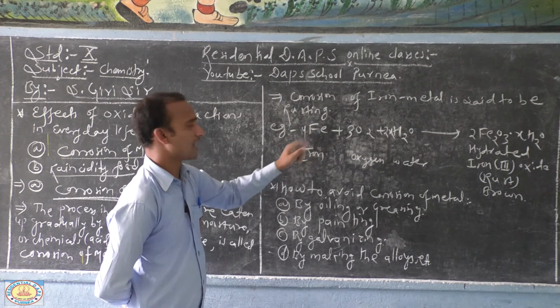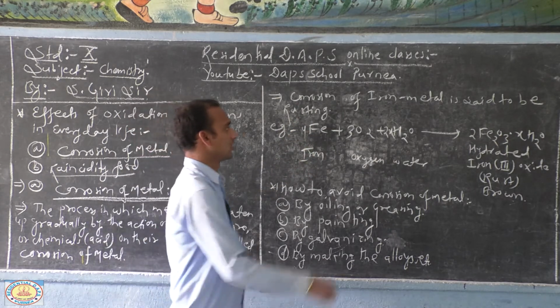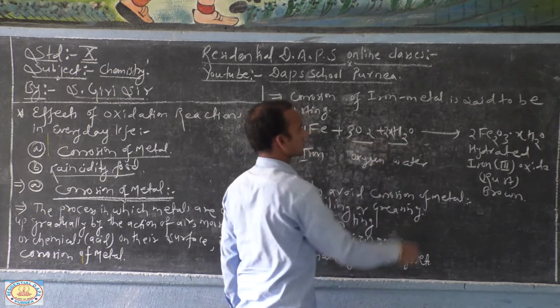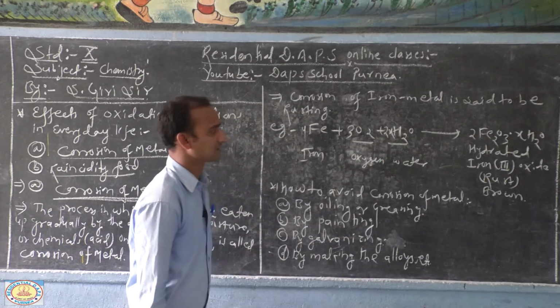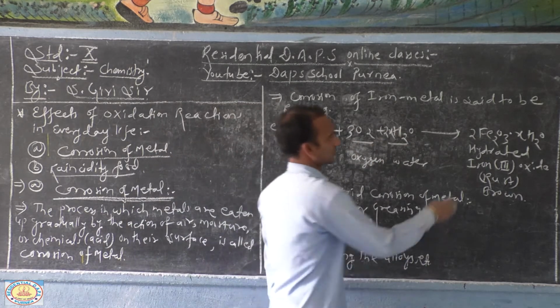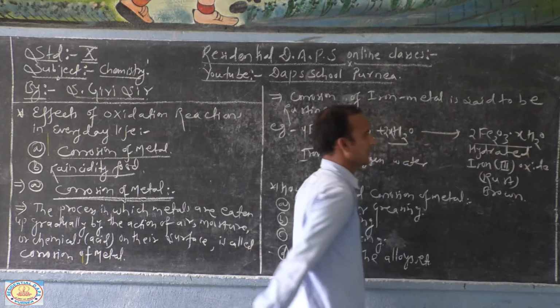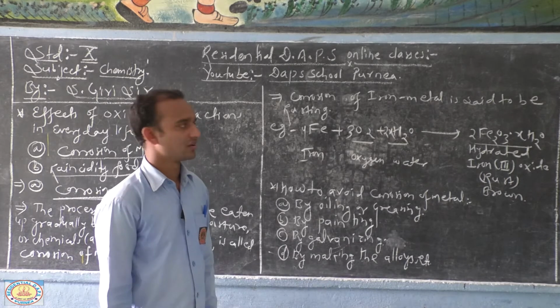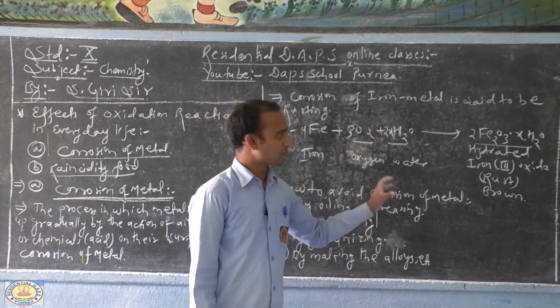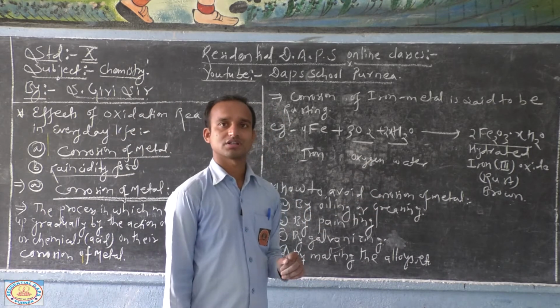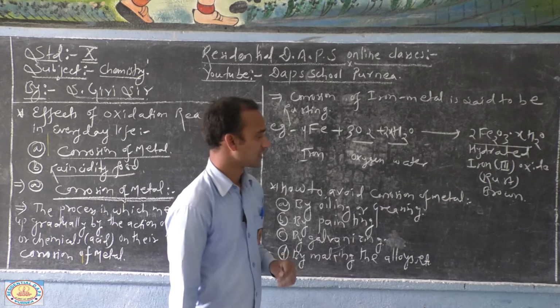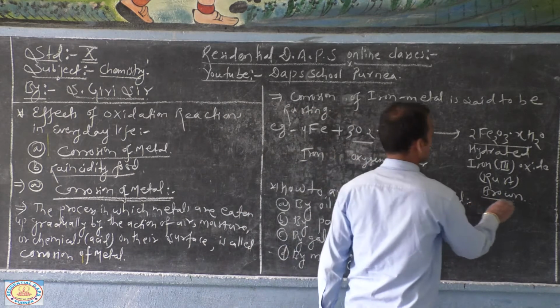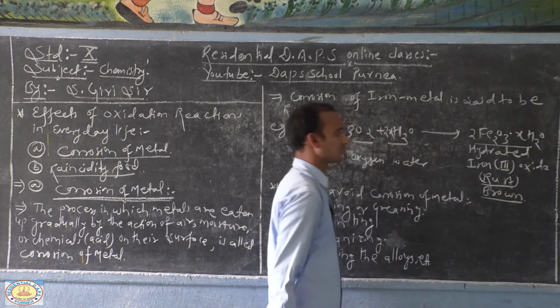When iron is allowed to react with oxygen and water molecules, that is moisture, rust is formed. Here you can see Fe2O3, ferric oxide, a layer deposited on the iron tools or devices, brownish in color. This is known as rust.